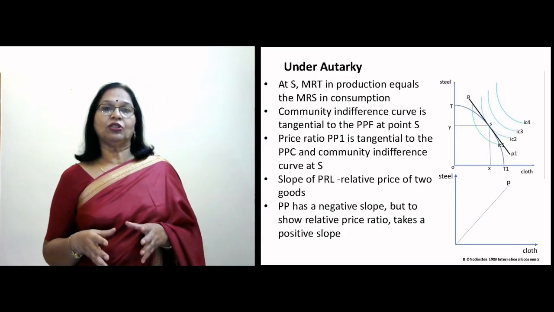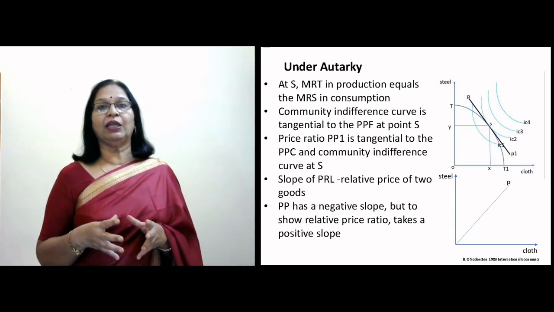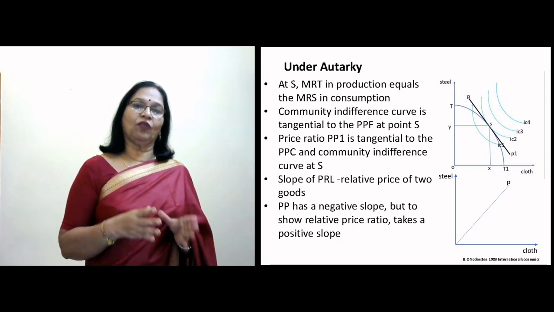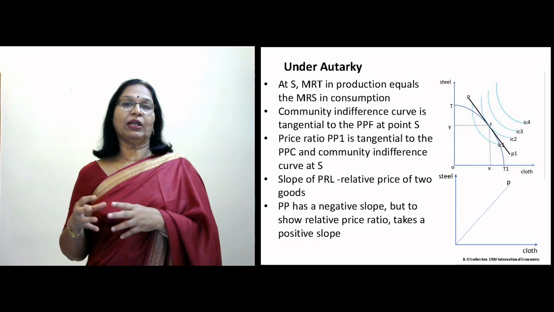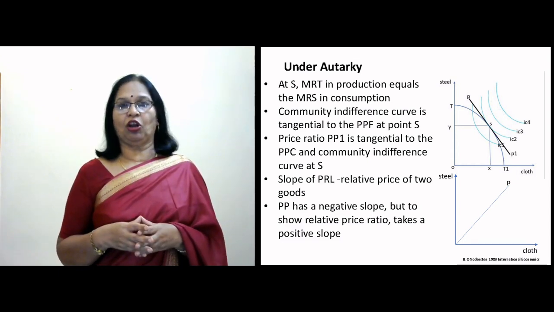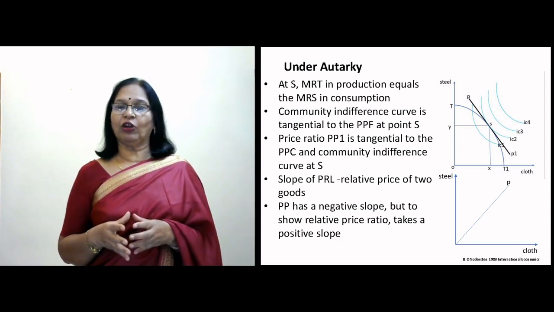Now, this offer curve is arrived at by understanding the production possibility curve. For this, let us take the case of autarky. Autarky is a state when a country does not have trade with others, or it is also known as a closed economy. Now, for this, we shall use the production possibility curve or frontier.